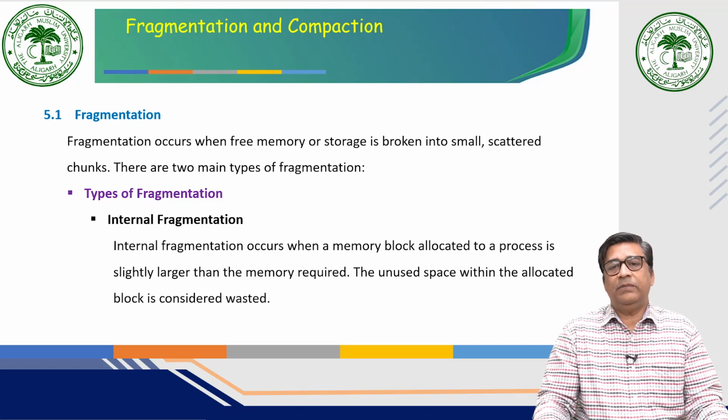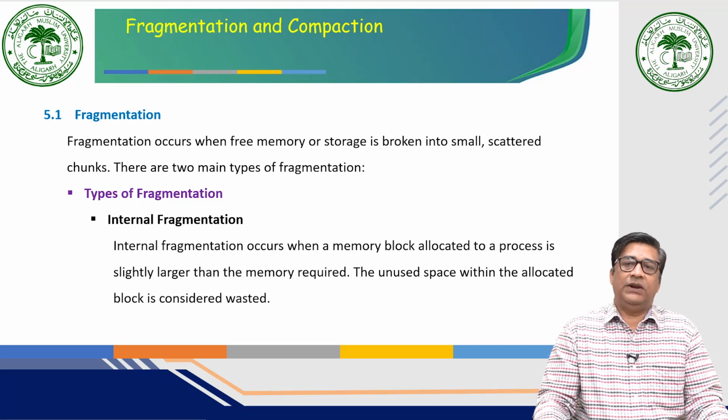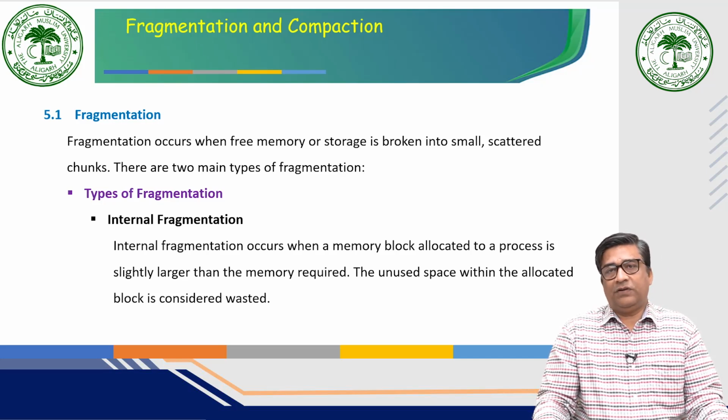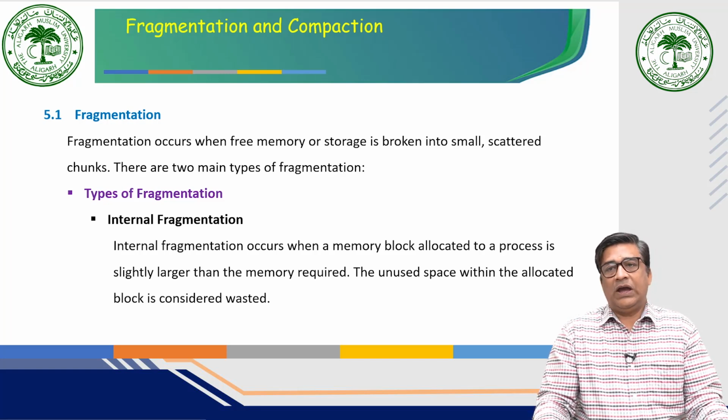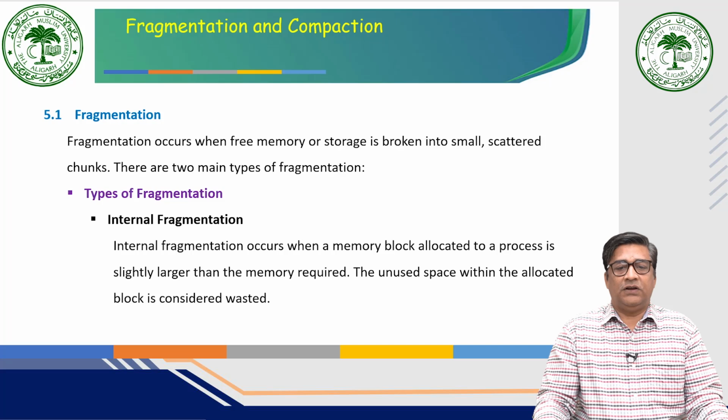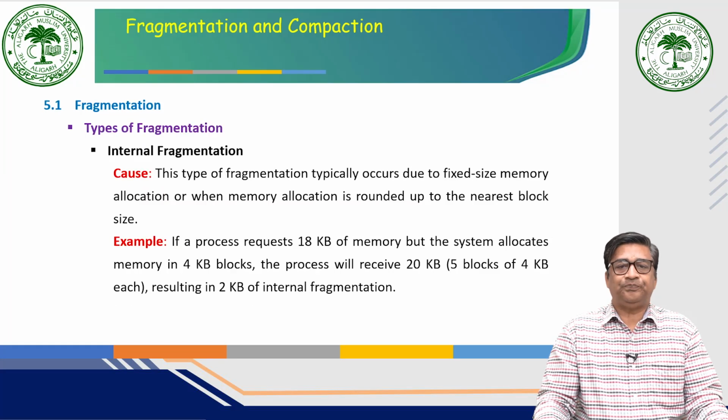Internal fragmentation arises when a memory block allocated to a process is larger than the actual memory required by the process. This discrepancy results in unused space within the allocated block, which is considered wasted.